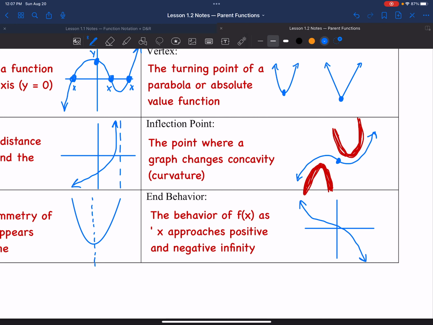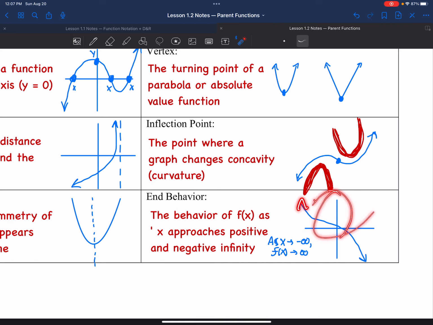And you can see in this example, as x goes to the left, which is negative infinity, where does f of x go? I would say that f of x goes up to infinity. Do you see that? As the graph goes to the left here, where is it going vertically?